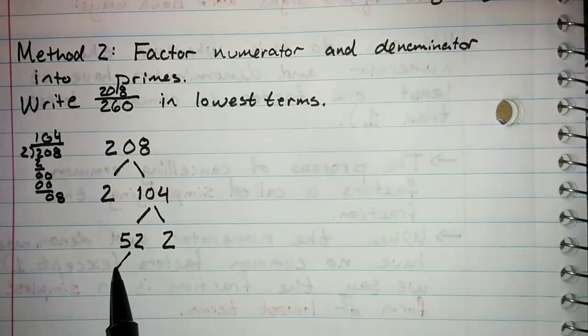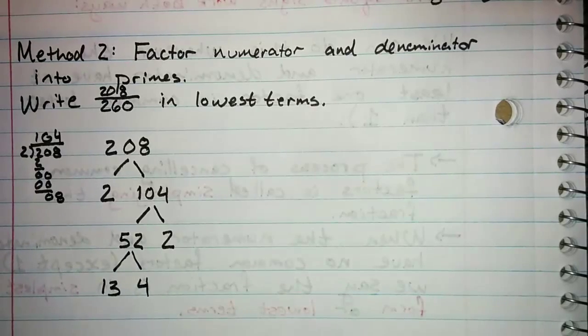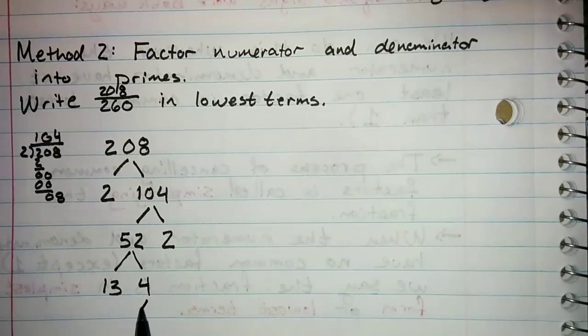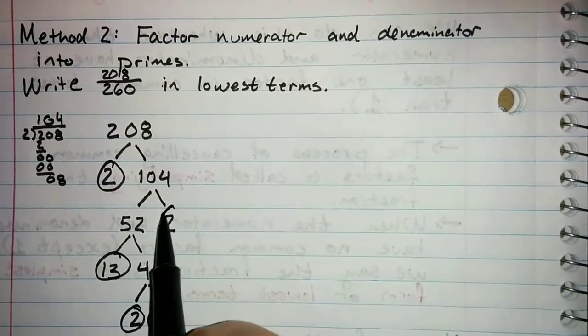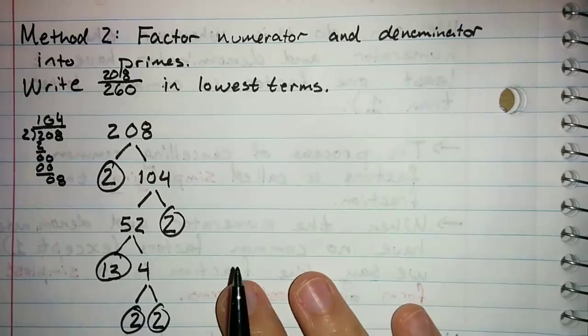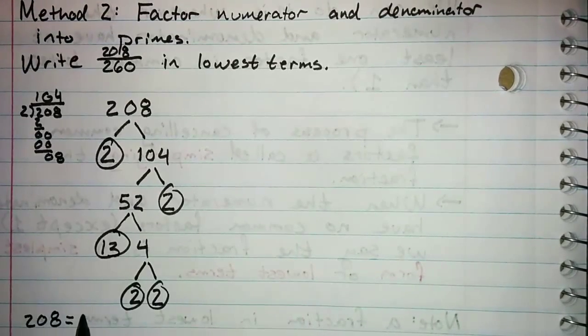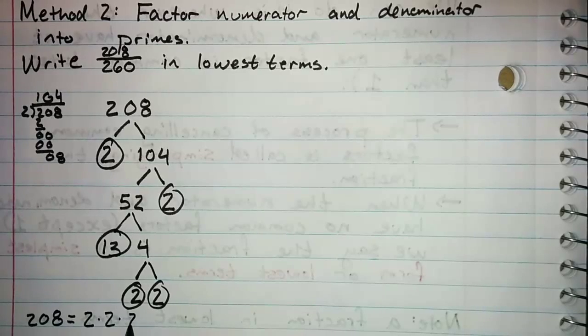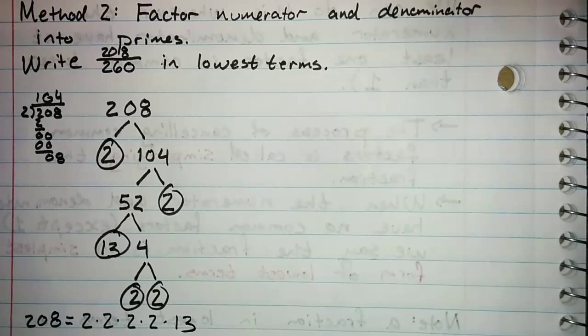Because of card games, I happen to know that 52 is 13 times 4. You could do division for that if you'd like. And 4 is 2 times 2. So these are all primes now. 208 is, let's see, 1, 2, 3, 4 2's times 13.